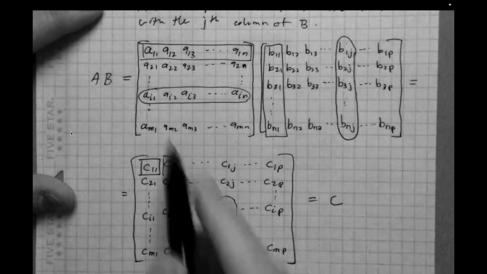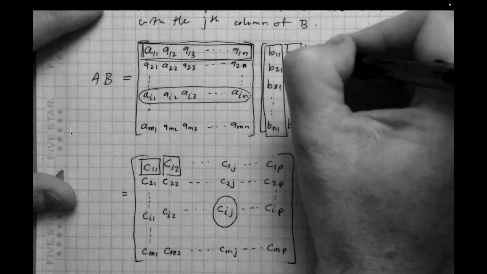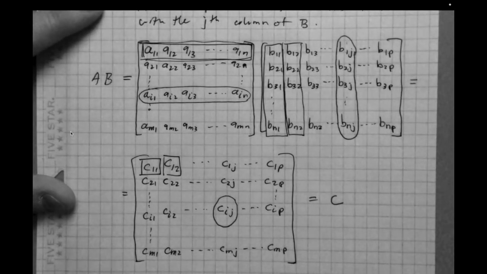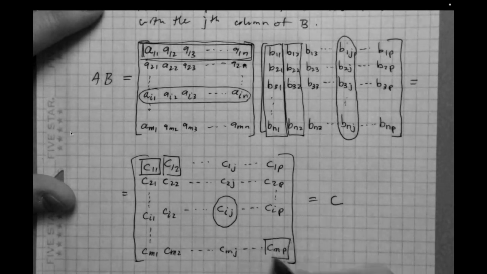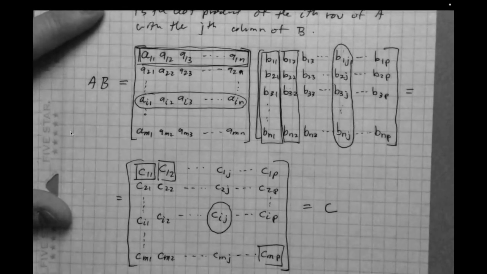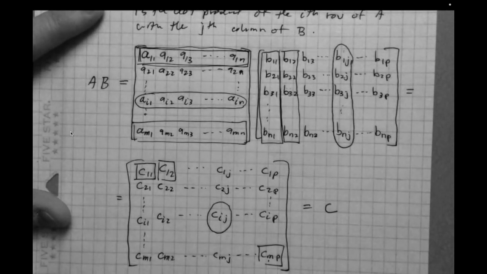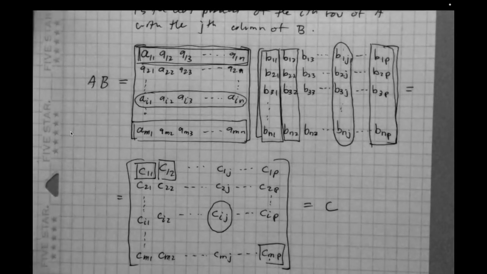Well, it's the first row, so again the same row as before, dotted with the second column of B, right? What about CMP? Where does that come from? Well, it's the mth row of A, so it's this one here, and it's going to be dotted against the pth column of B. That one there. That's the idea.